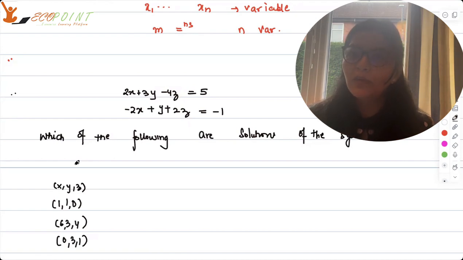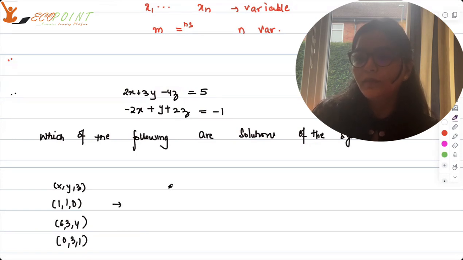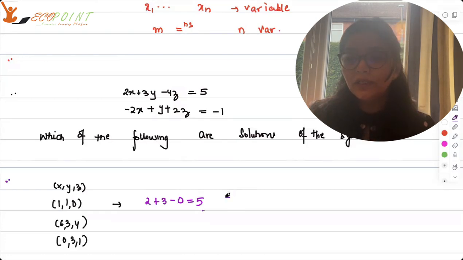For example, suppose we are checking whether certain points are solutions to this system. When you want to check whether a particular point is a solution, that point has to satisfy both the given equations, the entire system, at the same time. So if you take (1, 1, 0), the first equation gives 2 plus 3 minus 0 equals 5, which indeed gives 5 equal to 5.